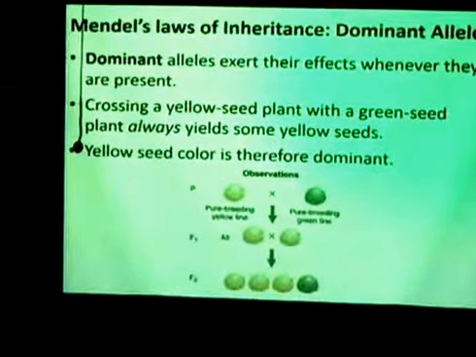F1 generation was all identical. There was no difference. Those were all clones of each other. So when he allowed those plants in the next season to be self-fertilized or self-pollinated, he saw in the next generation the parental types, or phenotypes, or appearance. Phenotype means physical appearance. Pheno means physical.